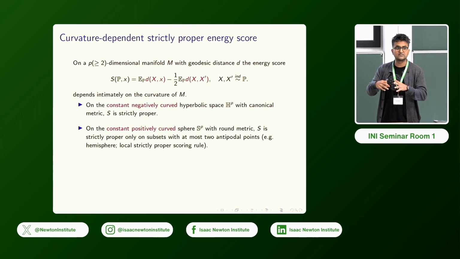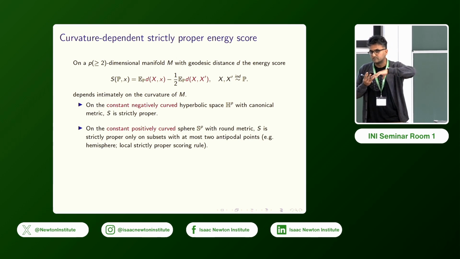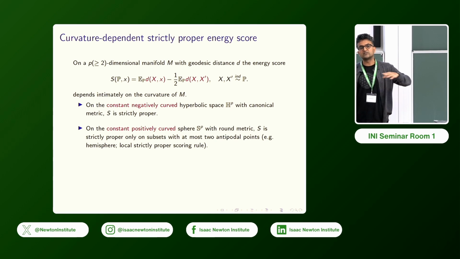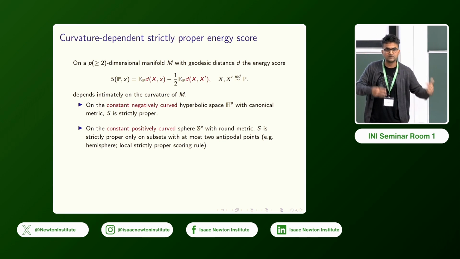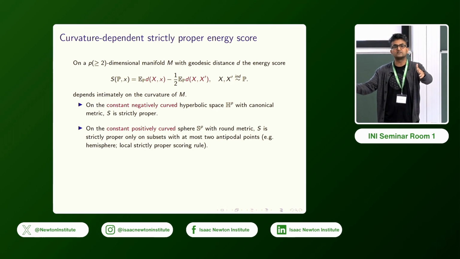So it puts a restriction, so maybe just a northern hemisphere or the southern hemisphere. Or if you're interested in discrete probabilities, if you take the square root of discrete probabilities, you go from the simplex to the positive orthant of the sphere. So that positive orthant will satisfy this. That's another way of thinking about this problem.